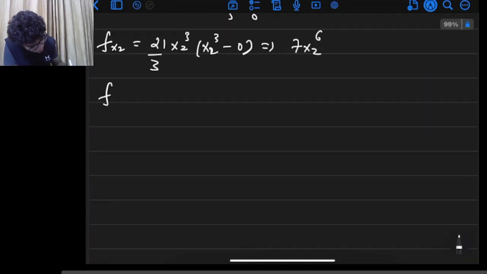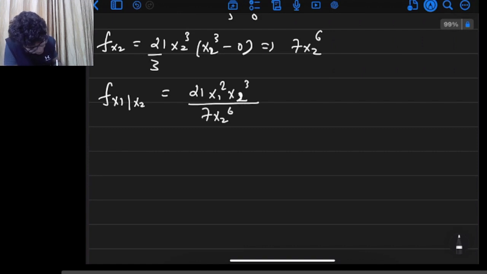So now my f(x1 | x2) becomes 21 x1 square x2 cube divided by 7 x2 to the power 6, which again gives me 3 x1 square divided by x2 cube, right?